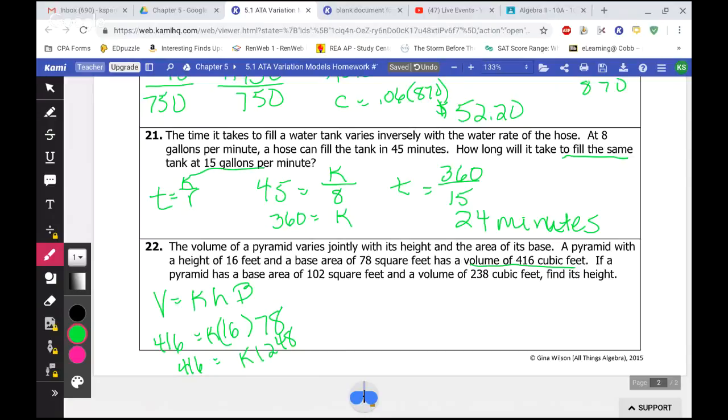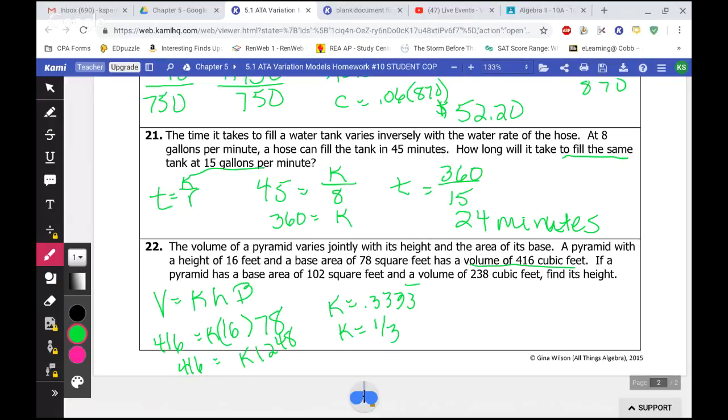And now we're going to divide both sides by 1,248. And you should get a repeating decimal of 0.3333, which we know to be the same as 1/3.